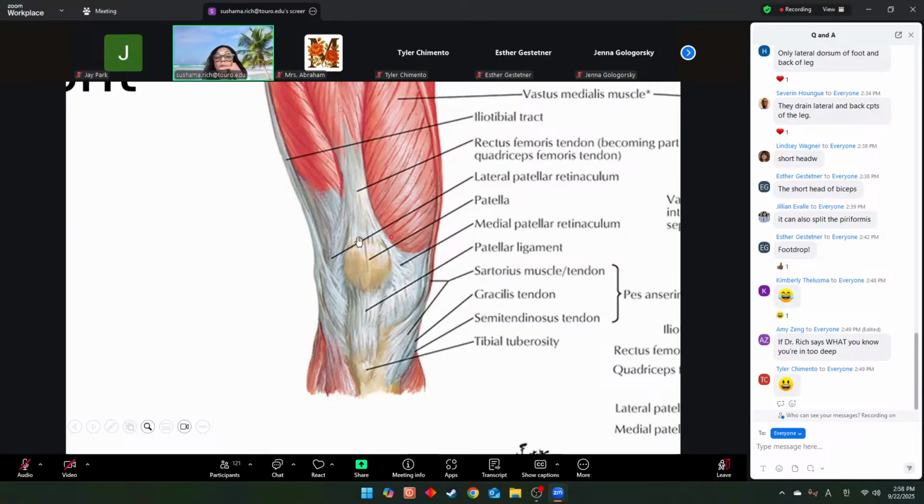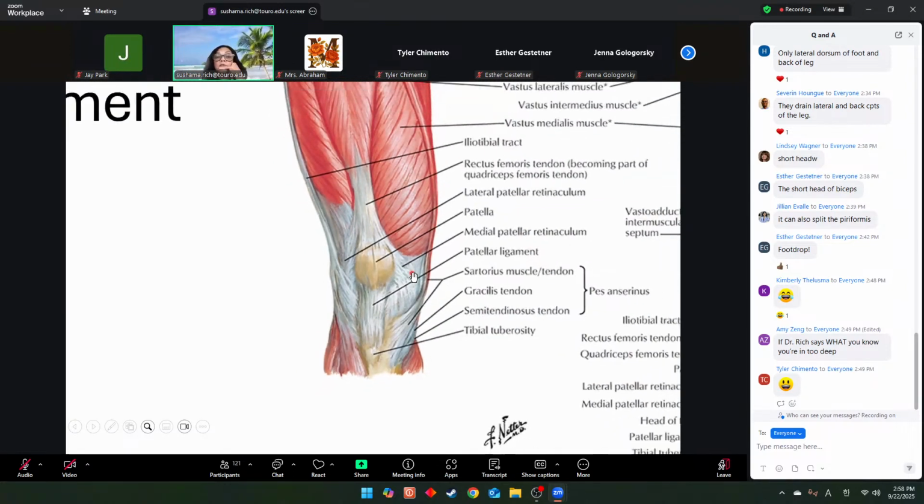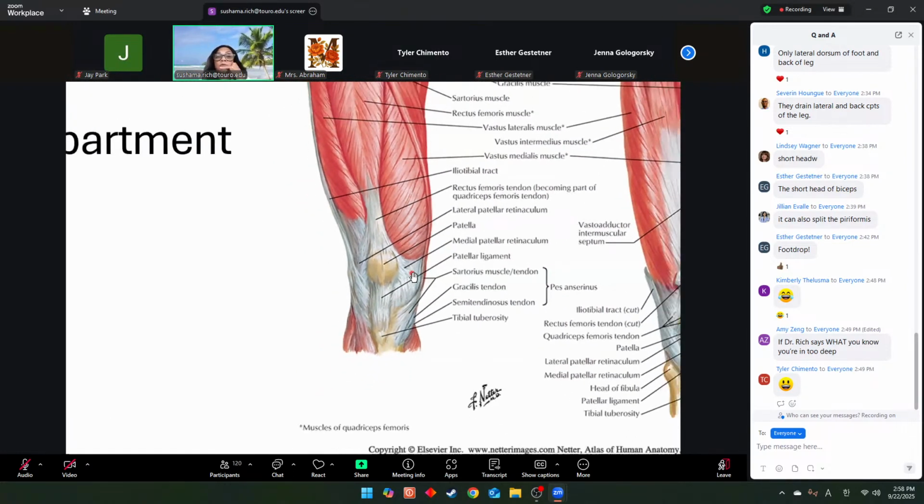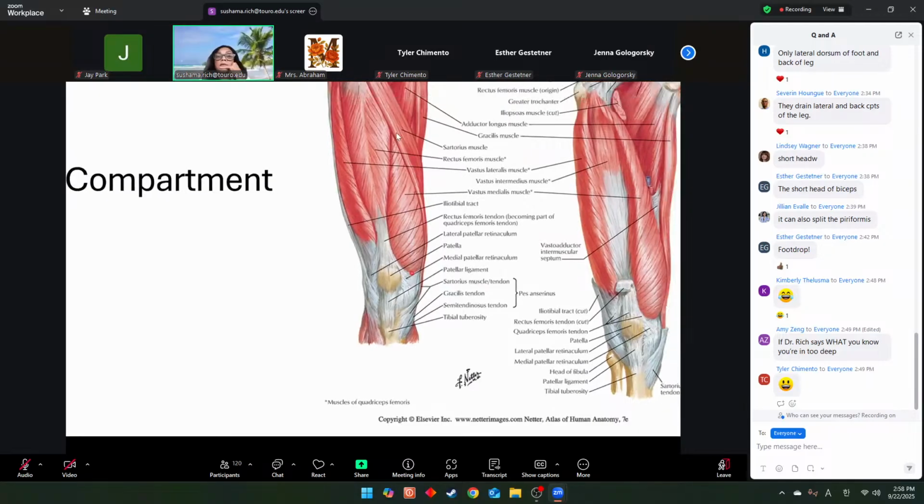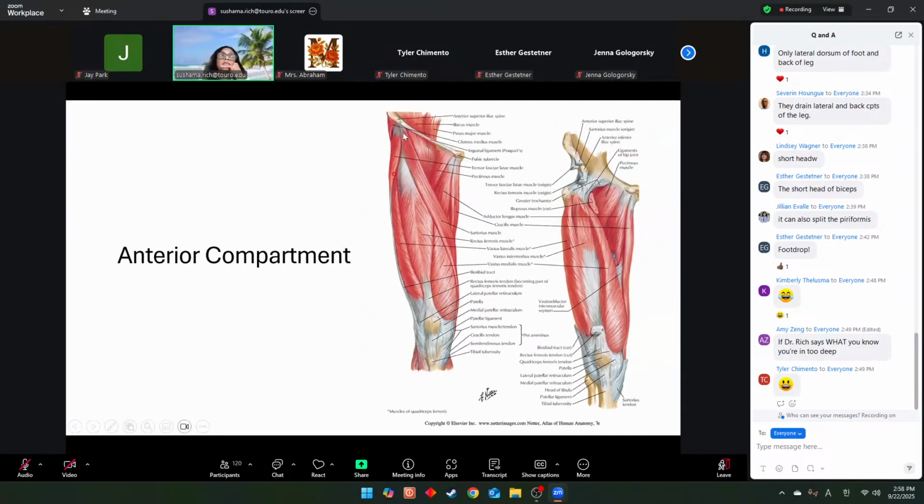There are a lot of bursae around the knee joint, and they can all get inflamed. Sartorius actions are often asked on the exam. It is a lateral rotator, flexes the hip, abducts the hip, and also flexes the knee. All three muscles of the pes anserinus flex the knee.